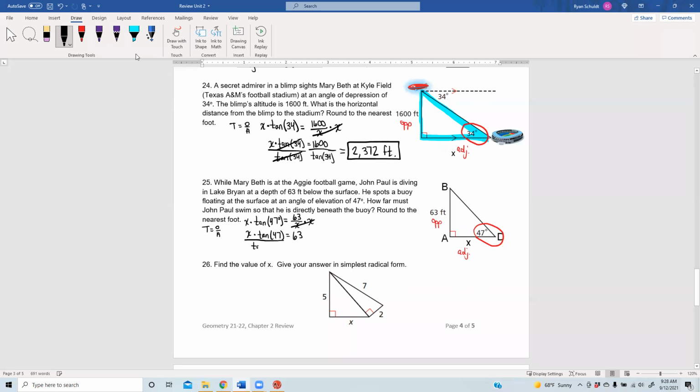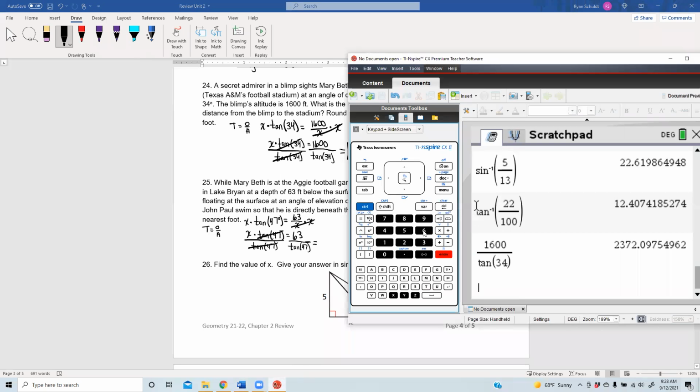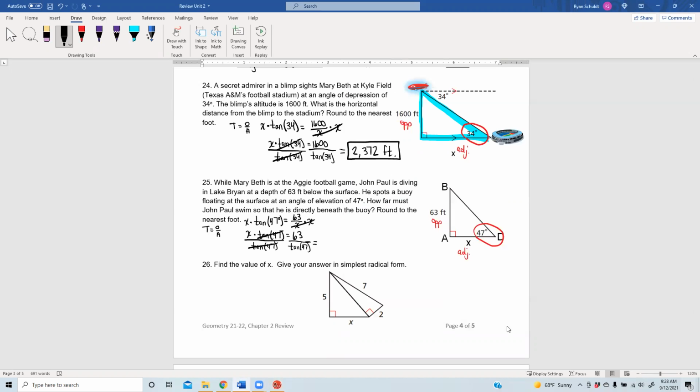Divide by the tangent of 47. Those cancel. 63 divided by the tangent of 47. 59, if I round to the nearest foot, it's going to be 59 feet. That's how far he has to swim until he's right underneath it.